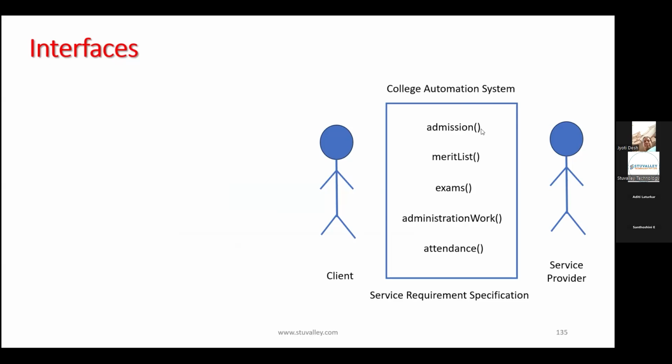So first, as it is a college, you need to take some admissions, right? Then I want a merit list. I want some exam related functionality, administration work related functionality and attendance related functionality. So the client is giving you the list of functionalities that he or she wants in the application.